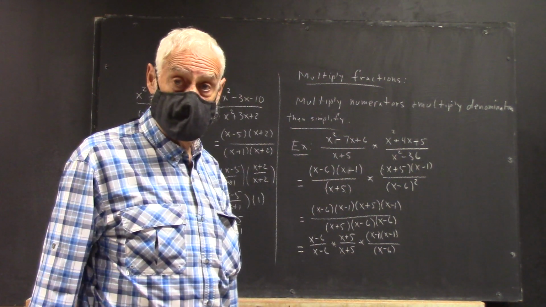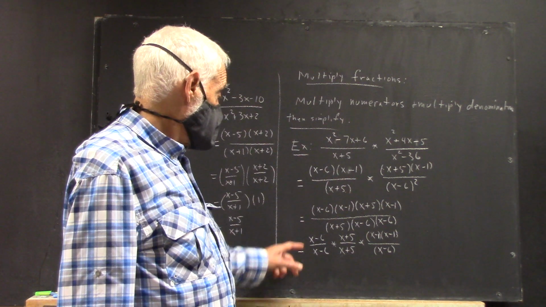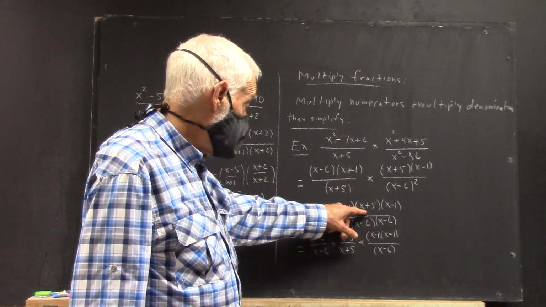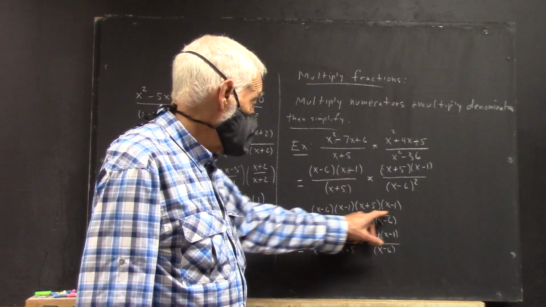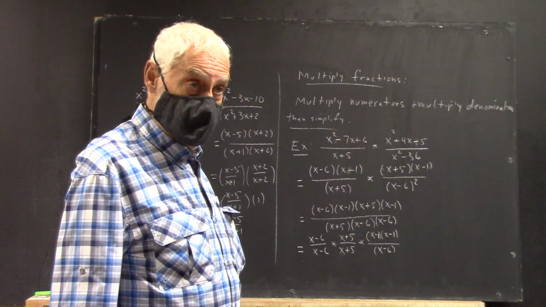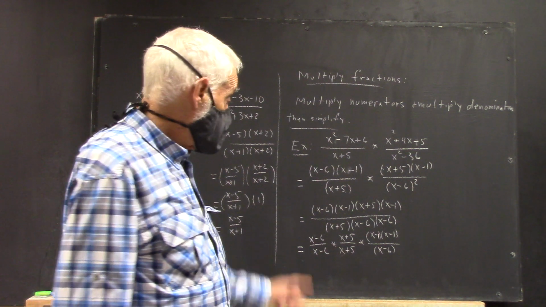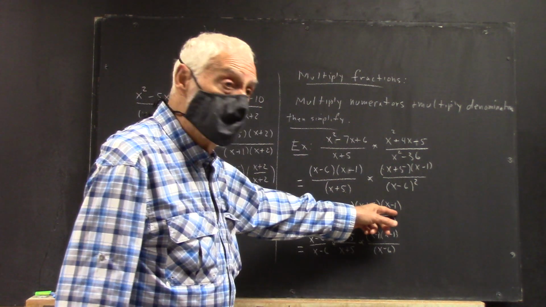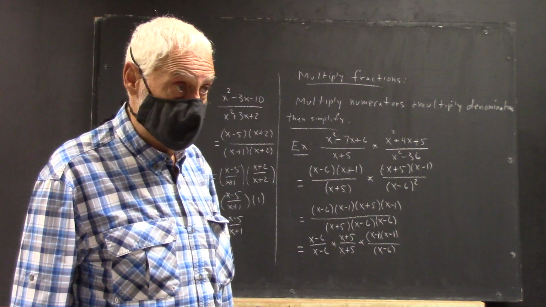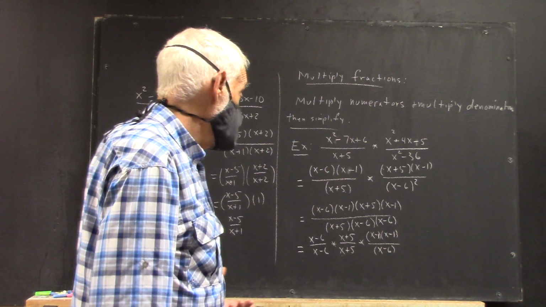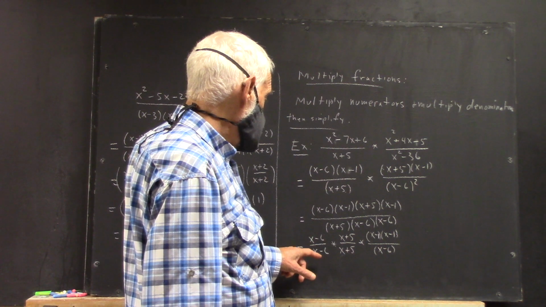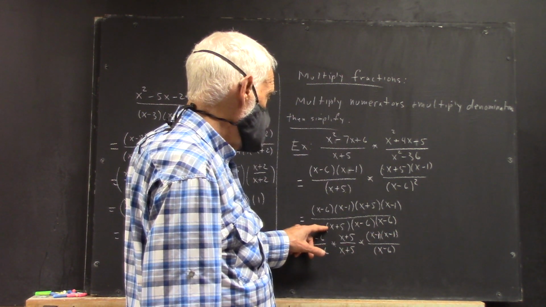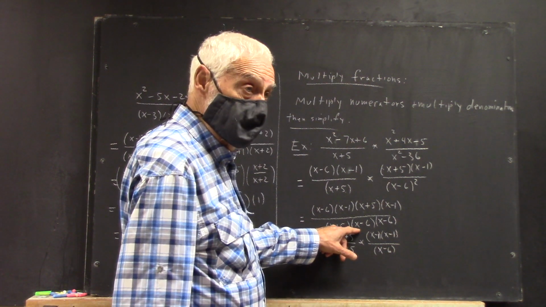And let's check to make sure that what I've written here is the same as what I've written here. Well, let's see, if I multiply all this out, I'll have an x minus 6, I'll have an x plus 5, and I'll have a couple of x minus 1s. Okay? So my numerator checks out. If I multiply these three numerators, I get the same numerator I get here, okay? And if I multiply the denominators, I get an x minus 6, which is here, an x plus 5, and another x minus 6, okay?